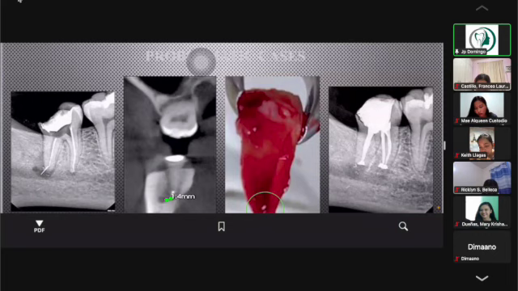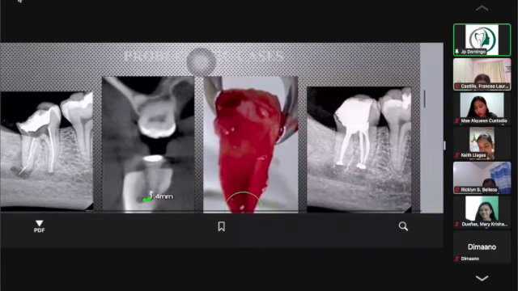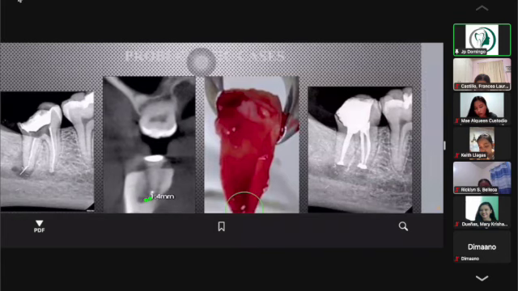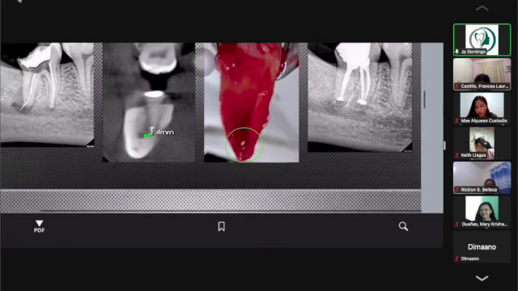Post-operative, did you see the rightmost picture? That is 1 year post-op showing satisfactory healing. The case is asymptomatic and there is no evidence of resorption. So that is another case of problematic scenarios.